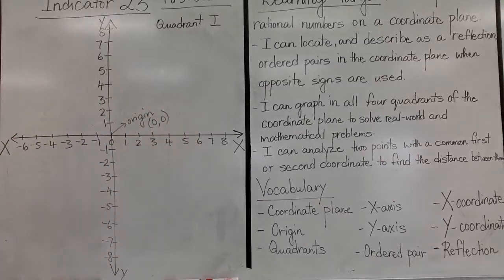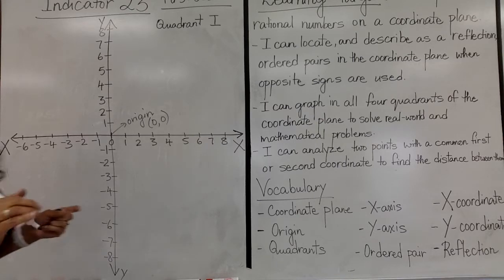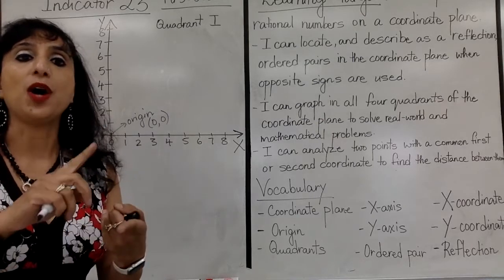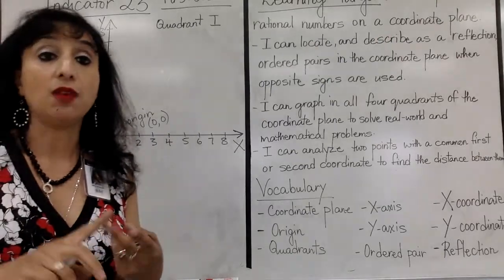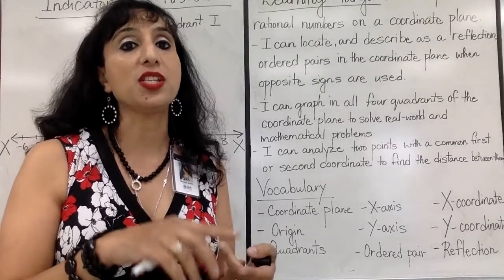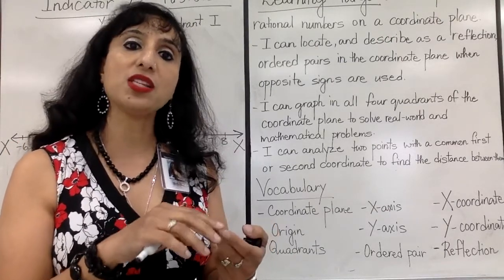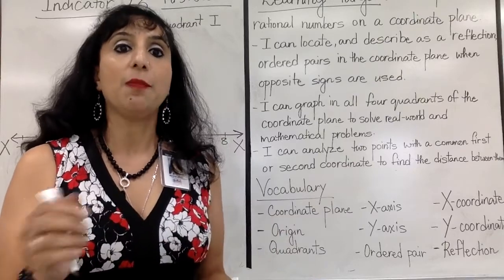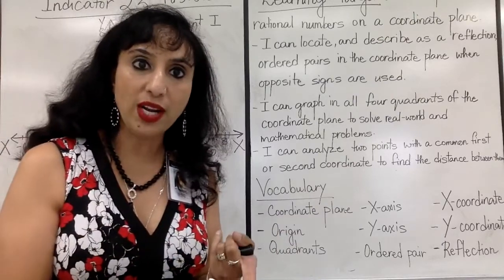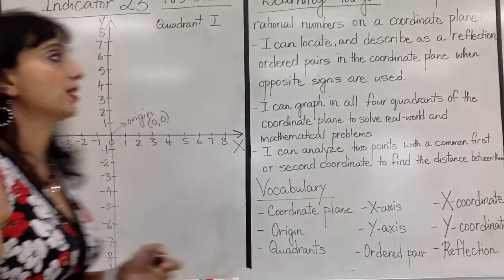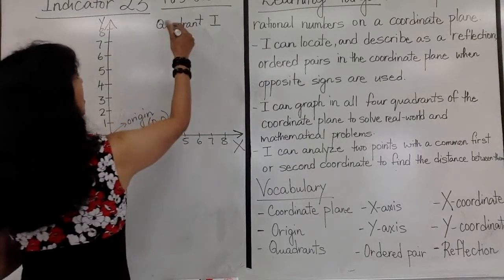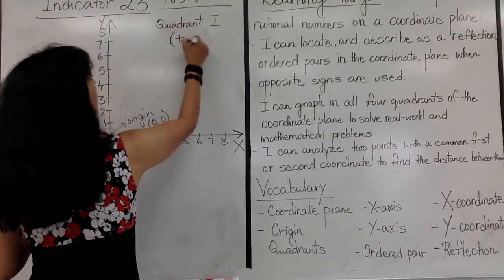And when I look at the ordered pair, which is a pair of numbers that is used to locate a point in a coordinate plane, it's a pair of numbers which could be positive positive, positive negative, negative positive, or negative negative. But it comprises the x coordinate and the y coordinate. Okay, in quadrant 1 we have both positive.